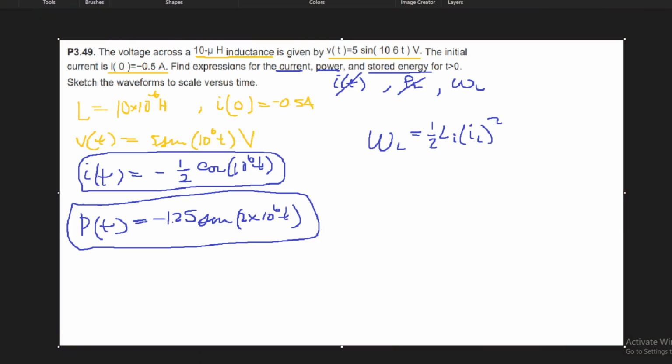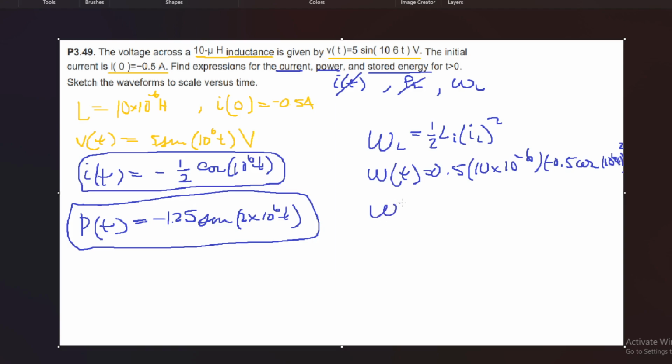Right. Again, we're just gonna be plugging everything in here, so we can just say that our W of t is equal to, let's just change this to 0.5, and then we're given 10 times 10 to the negative 6 for our L. And then for our IL, we're just gonna plug in this negative 1/2 cosine 10 to the 6t. So again, we're just gonna do 0.5 cosine 10 to the 6t. Oh, and there's a squared up there too.